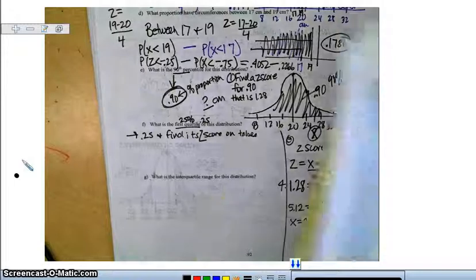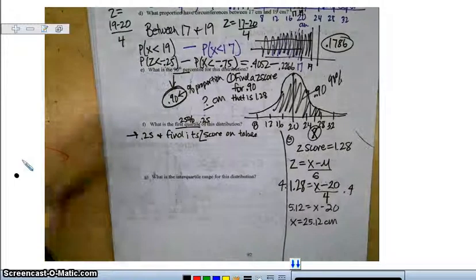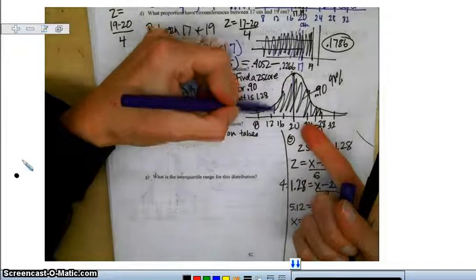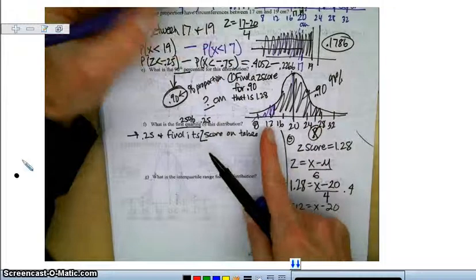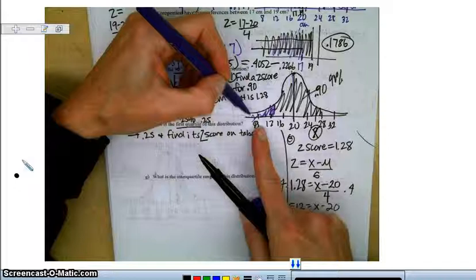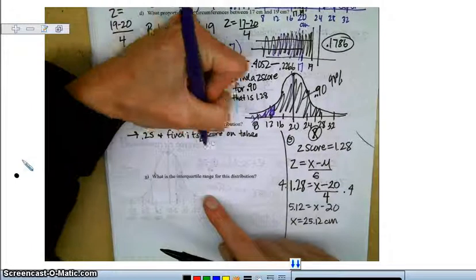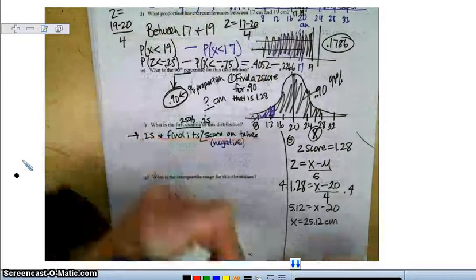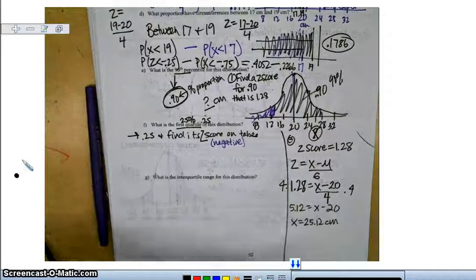Picture-wise, this is 50%, so it's going to be over here in the negative. The 25th percentile is down here in the bottom half, so I'm looking for a negative z-score. If you're below the 50th percentile, you're looking for a negative z-score.